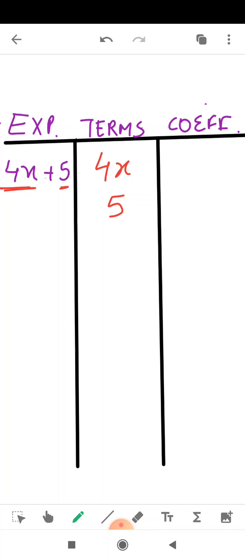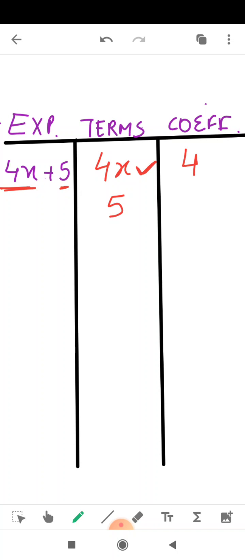Now talking about the coefficients. Now what is a coefficient of a term? When we are asked about the coefficient, it is the numerical coefficient, right? Now in the term 4x, the numerical coefficient, that means the number which is multiplied with x, is 4.